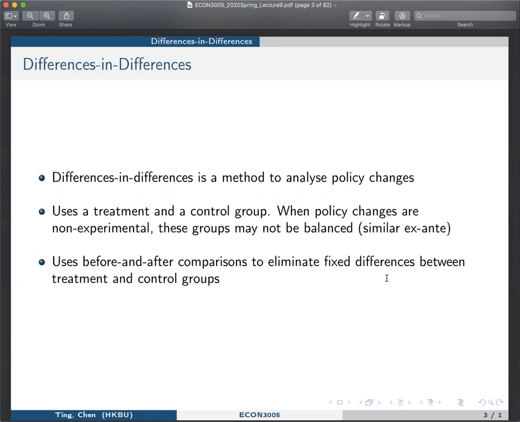There's virtually no difference between the two groups before the treatment. But in the case that there is indeed a pre-treatment difference, then we will have omitted variable bias, or we can also call it the selection bias, remember.